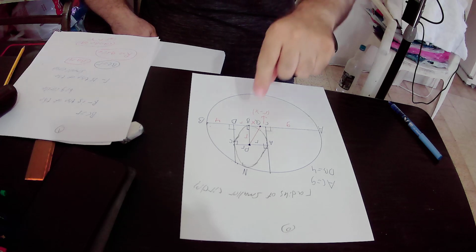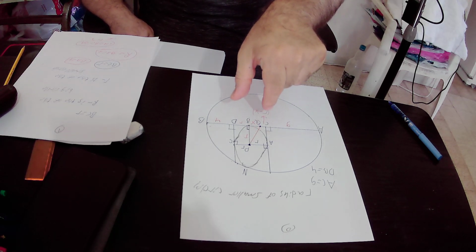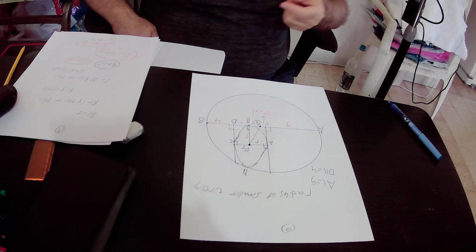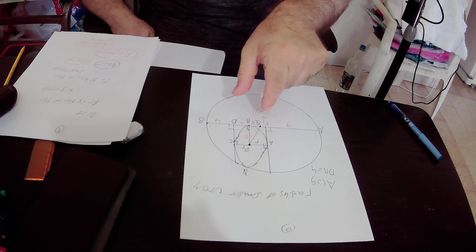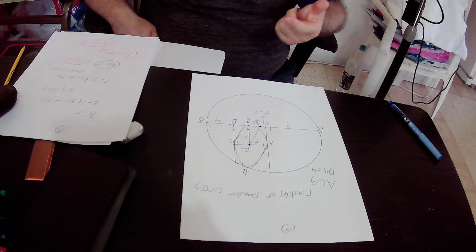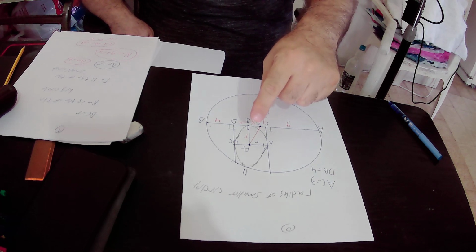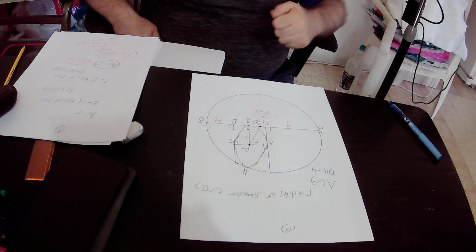And also, this radius is perpendicular to its tangent at point B. Line segment CD is tangent to the circle, so the radius is perpendicular to its tangent. So this angle is also 90 degrees.